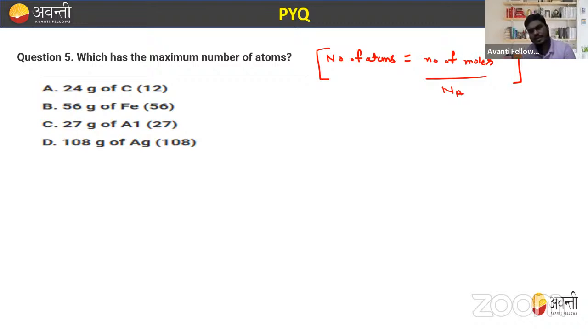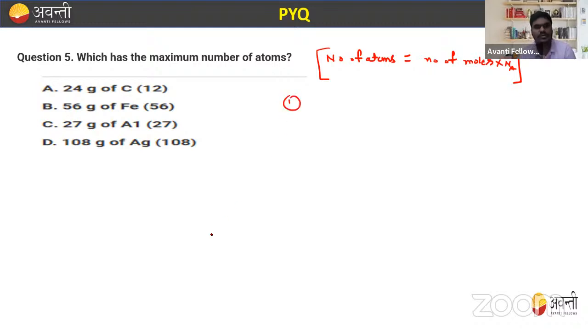Sorry for this, let me erase it. Okay, so the number of atoms is nothing but number of moles into my Avogadro number. Okay, so let's see for the first one.